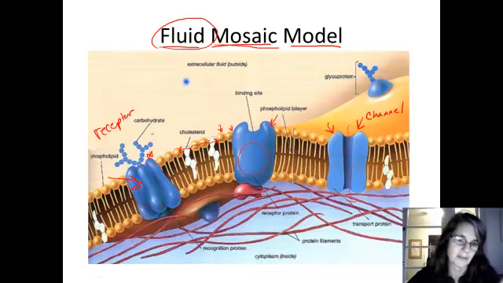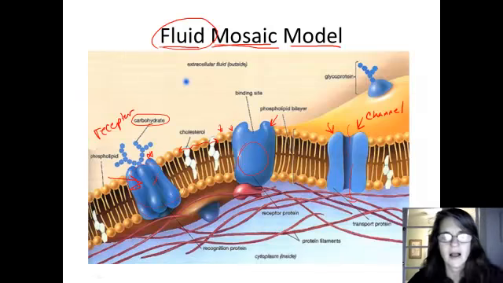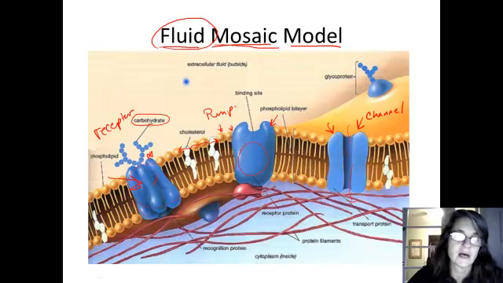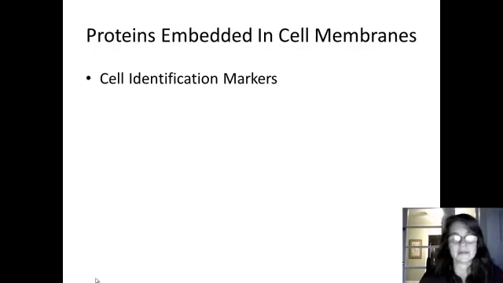Usually these are made out of carbohydrate parts, while this is a protein piece down here. You don't need to get all bogged down in that. Some proteins act like pumps. Some act like enzymes. There's all kinds of things. But generally speaking, that idea of the fluid mosaic model is how we talk about cell membranes being put together.